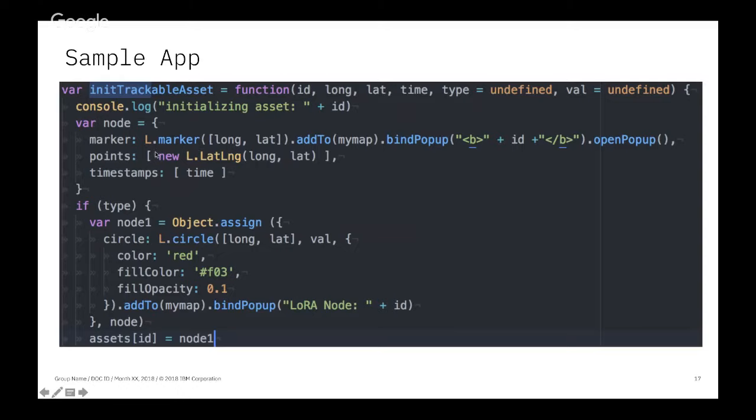We can also create a list, essentially an array, to store all location updates, persisting that in memory along with the time they were received. And if additional metadata is received, like in this case, we can draw a circle around the marker as well, where the size corresponds to the decibel value.